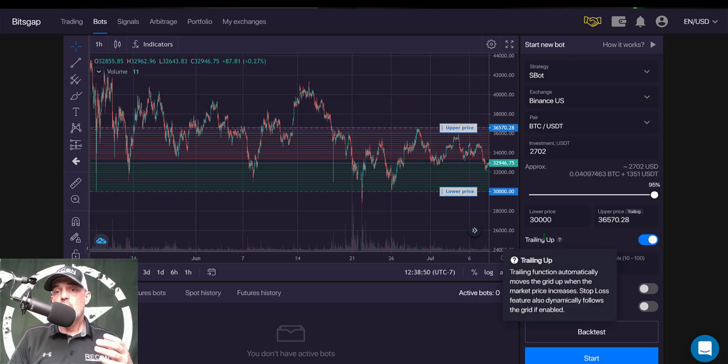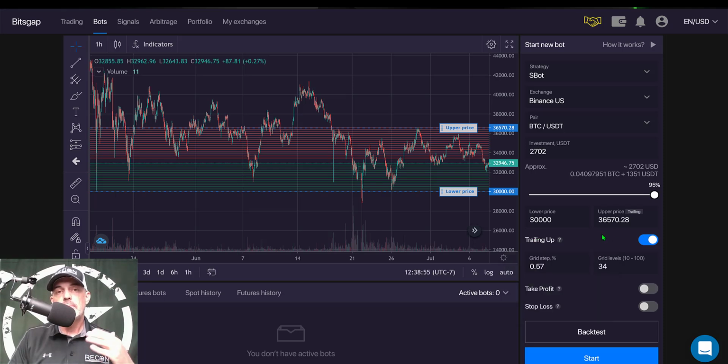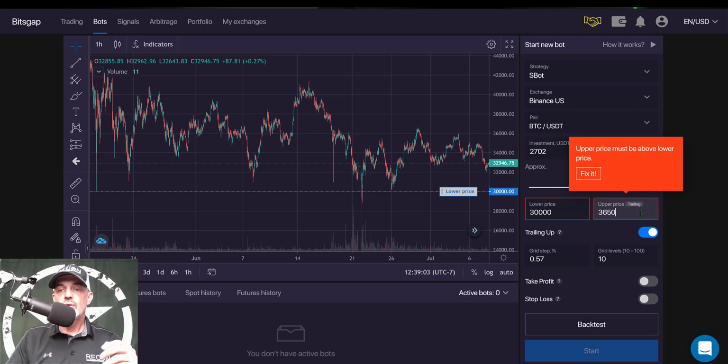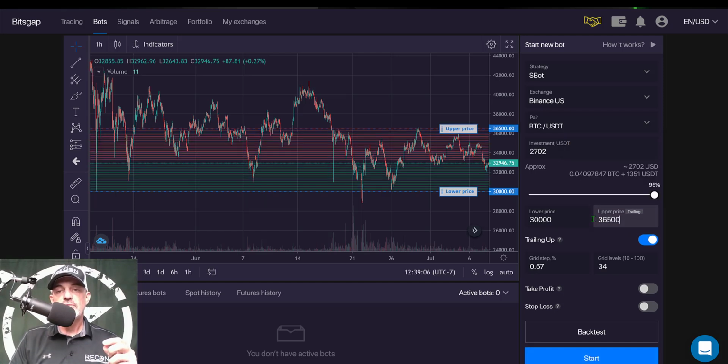That is a feature somewhat unique to Bitsgap, and I always make sure it's enabled on my grid bots for Bitsgap. Now I can come over to the upper limit price box and dial that into, I'm going to put it right at 36.5.